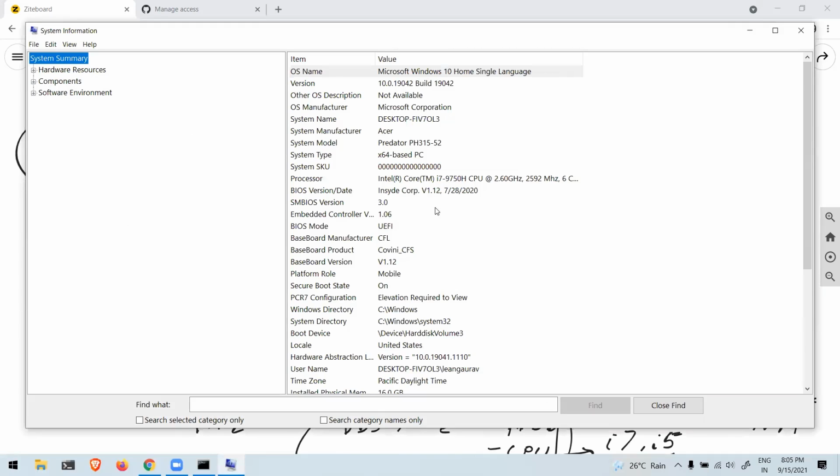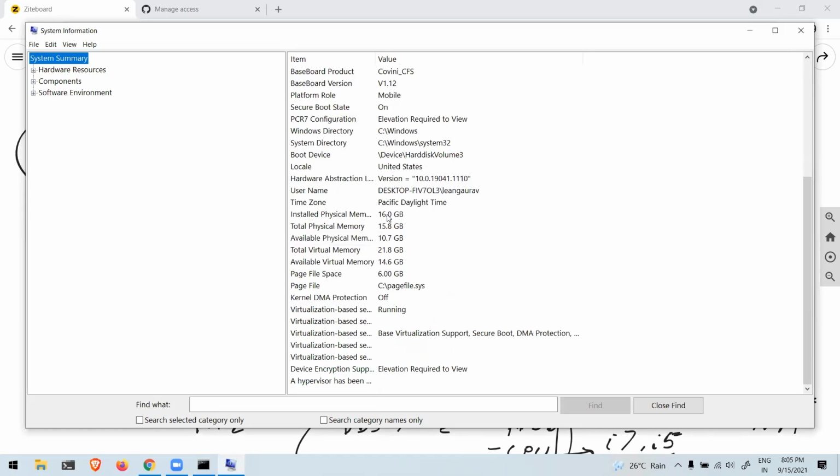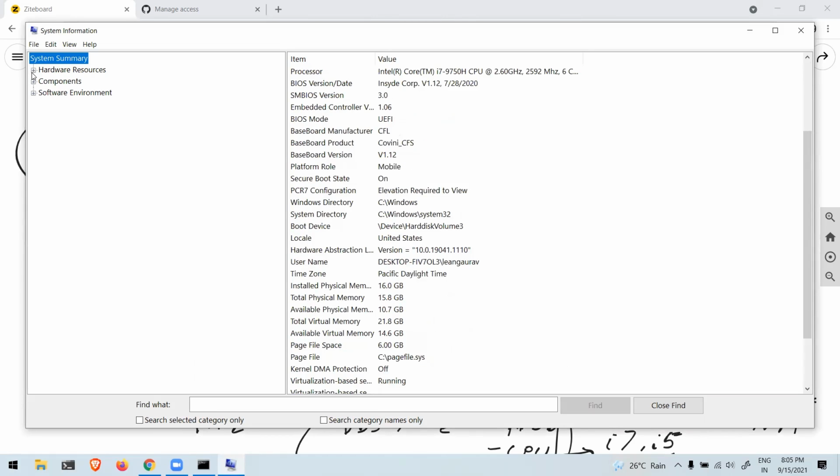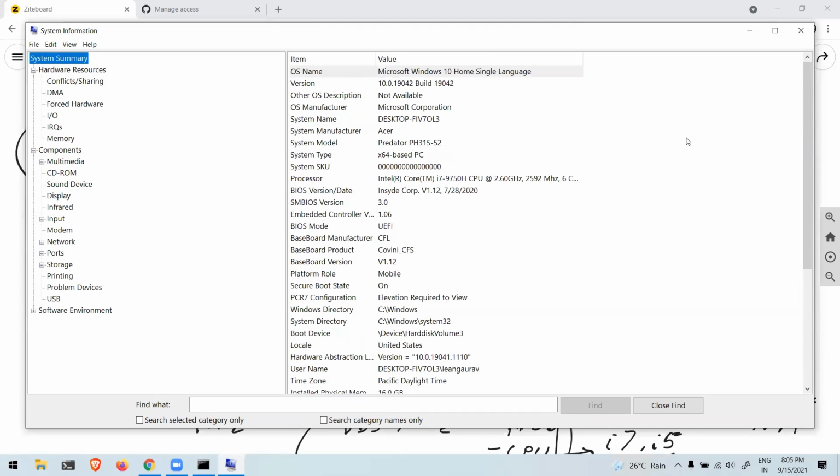So it says OS related details, then it tells me the physical memory installed is this much, available is this much, and all that stuff. Does it tell you about the CPU somewhere? Oh, sorry, my bad. It got hidden behind this Zoom window.